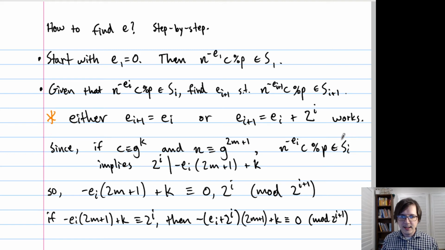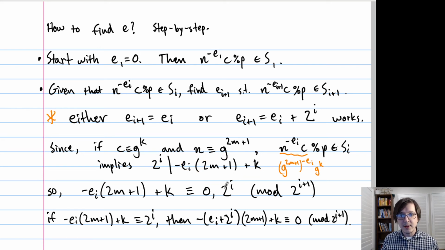So now let's calculate the exponent here. Well, this is G to the 2m plus 1 to the minus e_I, times G to the k. And if we collect all the exponents, we get this expression here.